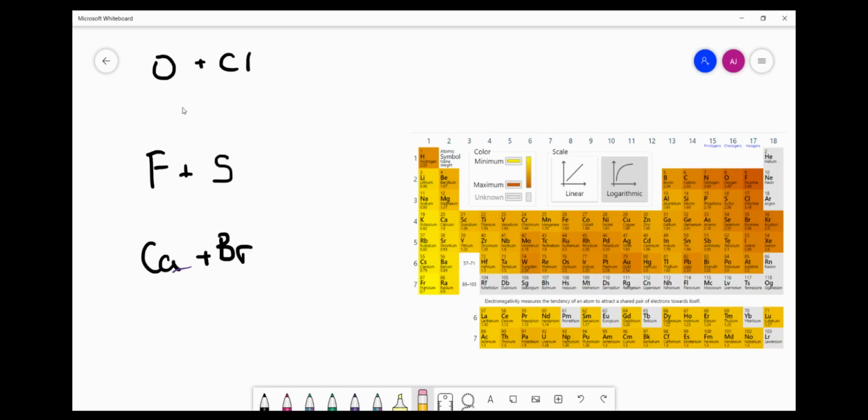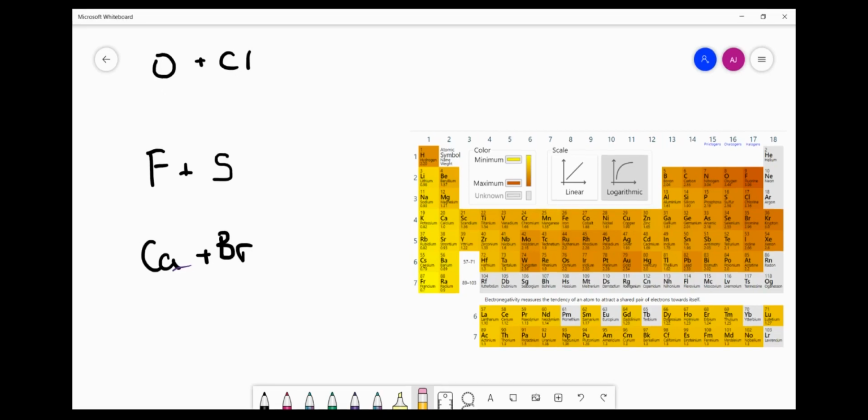Let's start off with the first one at the top here, an oxygen-chlorine bond. So our first step is to get the electronegativity values. And so oxygen, we see the electronegativity value here, and it's 3.44. Now, depending on the periodic table, you might get slightly different values, and some will give it to 1 decimal place, some to 2.